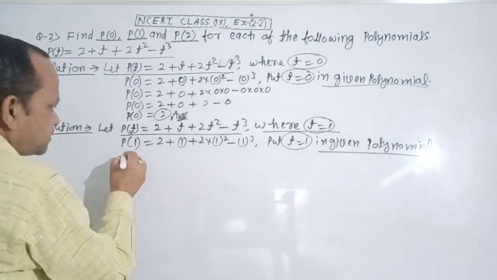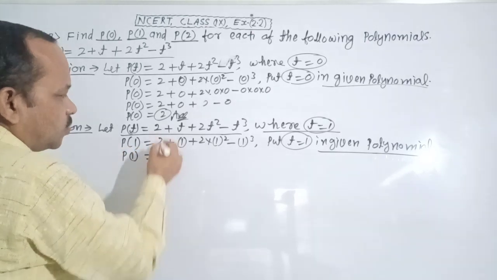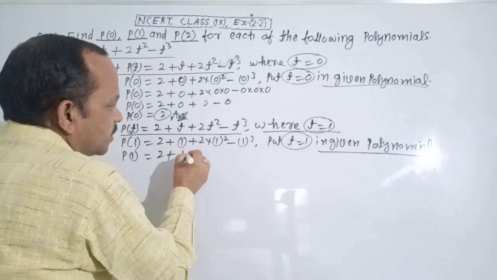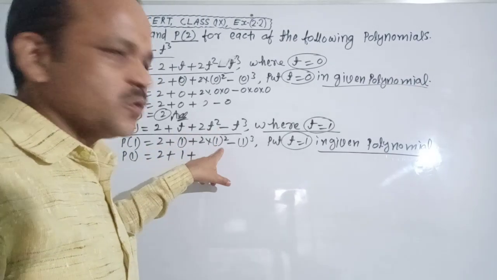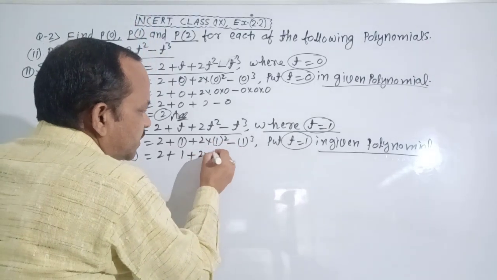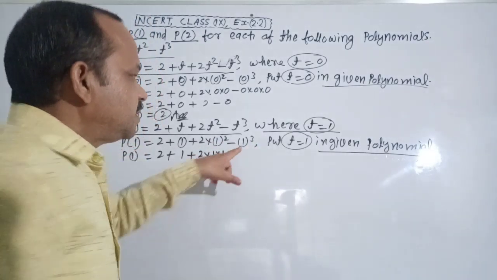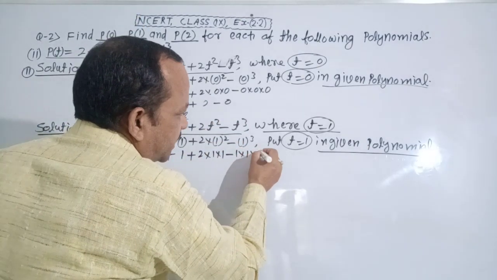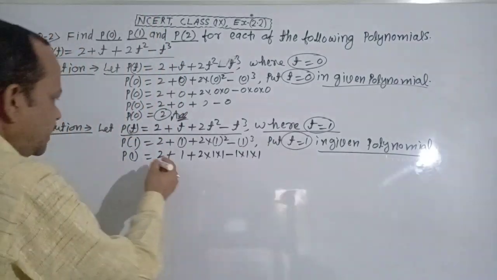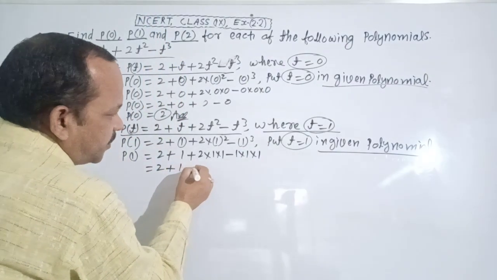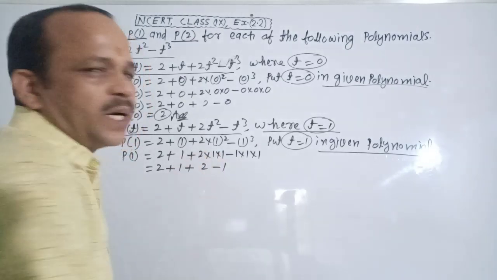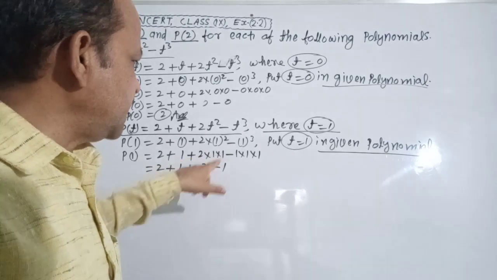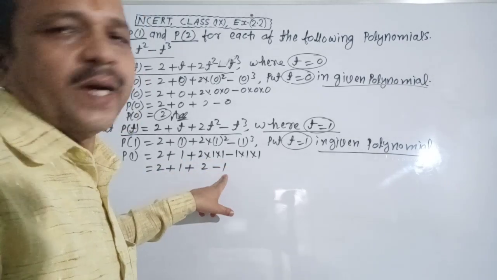Clear? Here p(1) equal to 2 plus the value of t is 1, plus here t square means 1 square. It becomes 2 multiplied by 1 minus 1 cube. Value of t is 1 means 1 multiplied by 1, three times. It becomes 2 plus 1 plus 2 minus 1. Clear?